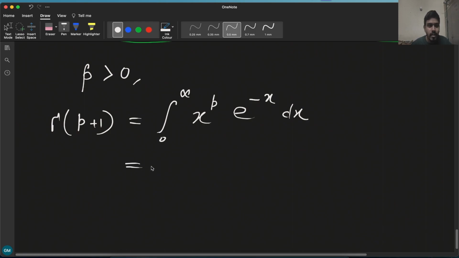Now you might think that by using the factorial function, this is nothing but p factorial. But wait, p is not necessarily an integer. p can be a fraction also. So in that case, I cannot write it like this, I cannot write it in terms of factorial functions.